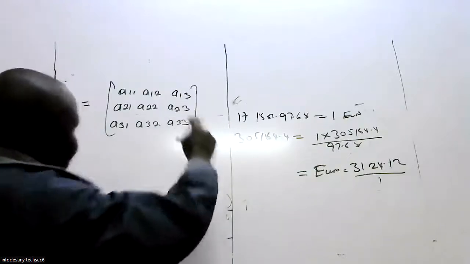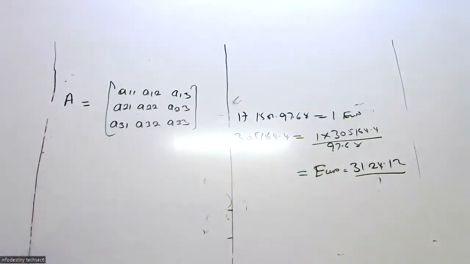So you can have a matrix like that. That's the general structure of a matrix. We are going to write that.